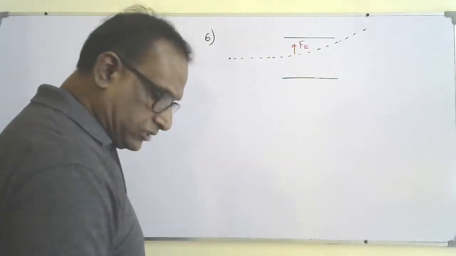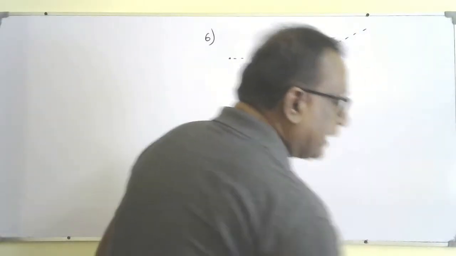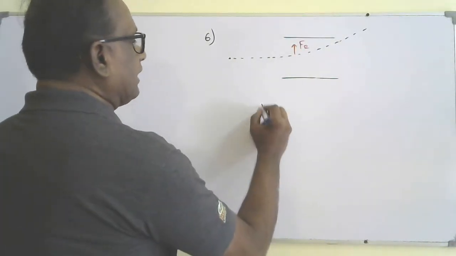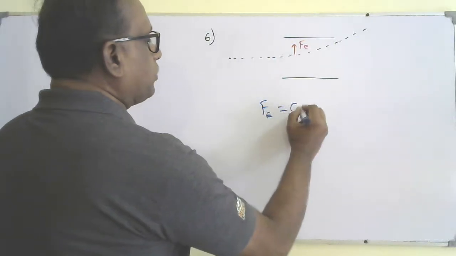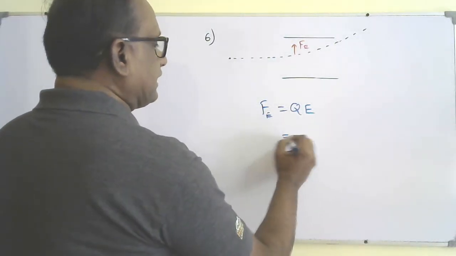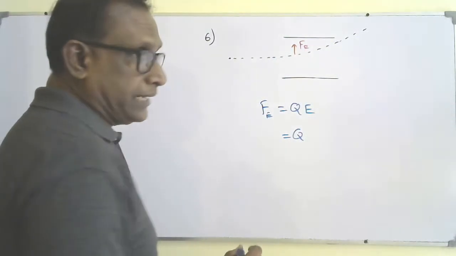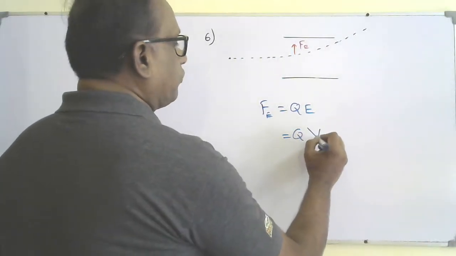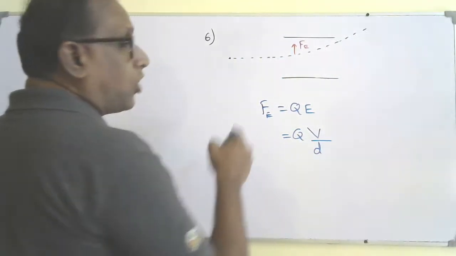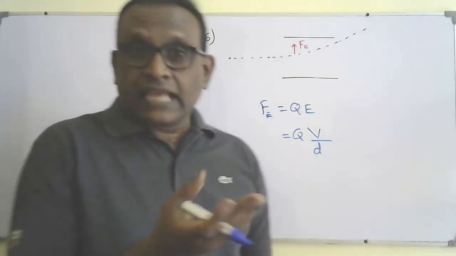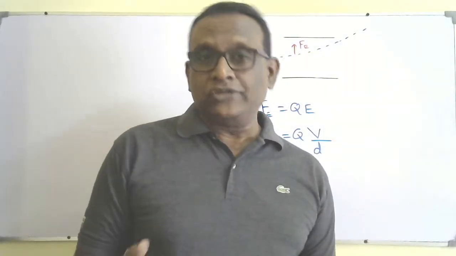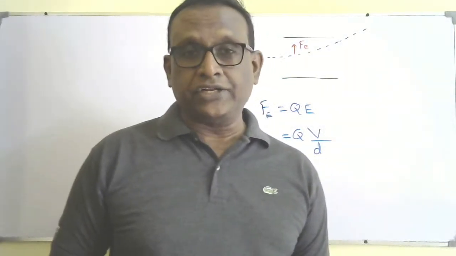We know that electrostatic force is given by F equals QE, where Q is the charge of the electron. For parallel plates, E is given by V over D. So if you want to reduce the deflection, the upward acceleration, or upward force, should be reduced.